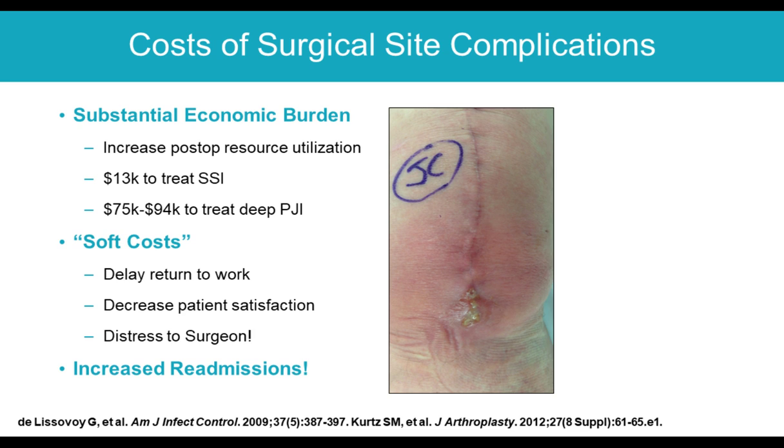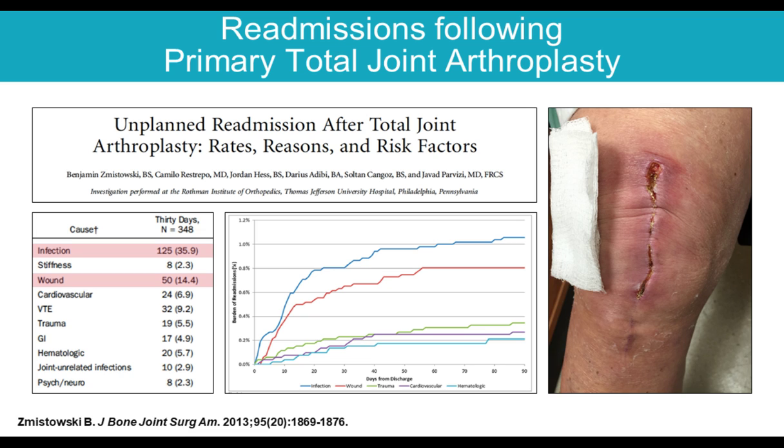And finally, an important thing to note is the rate of increased readmissions associated with these superficial surgical site complications. If you look at why patients are readmitted to the hospital following hip or knee replacement, there are lots of reasons that patients come back to the emergency room or to the hospital postoperatively. But this is one study that looks at the reasons that patients were readmitted.